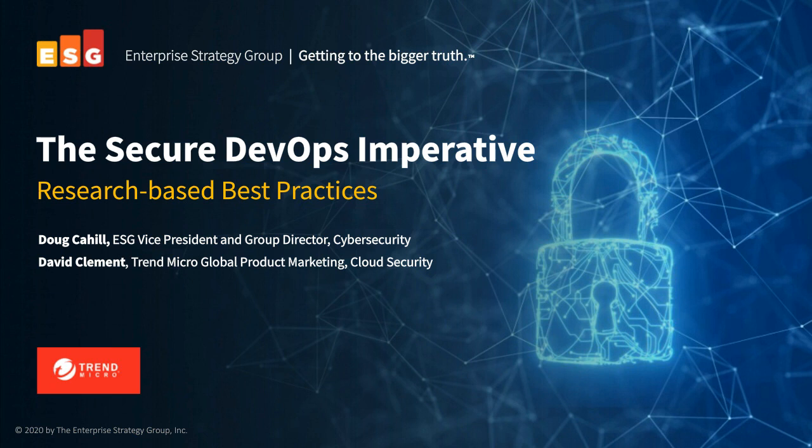But Doug's going to go through the importance of the peer interactions that we see across these surveys and how they pertain to groups like your own, in terms of how they're securing applications in their cloud migrations.